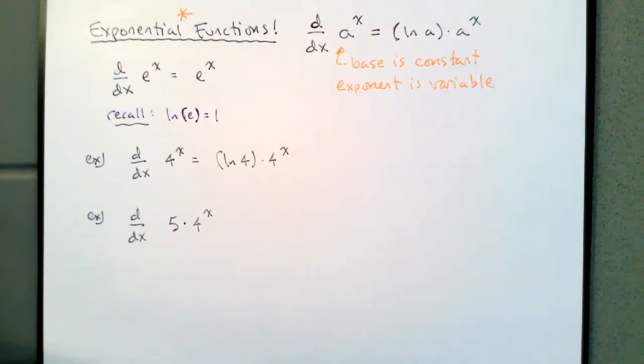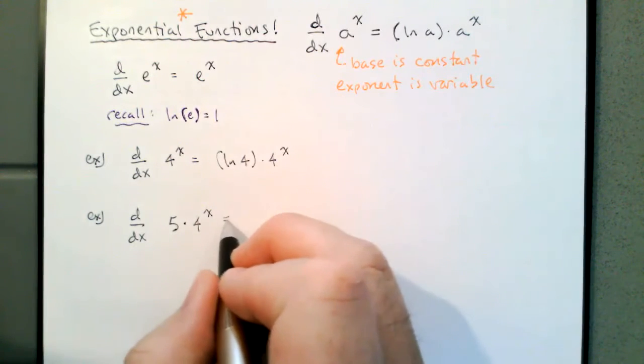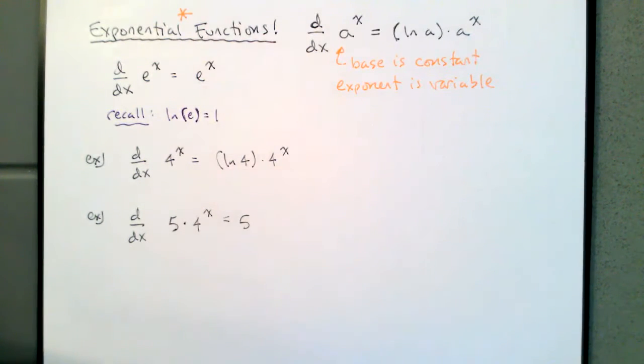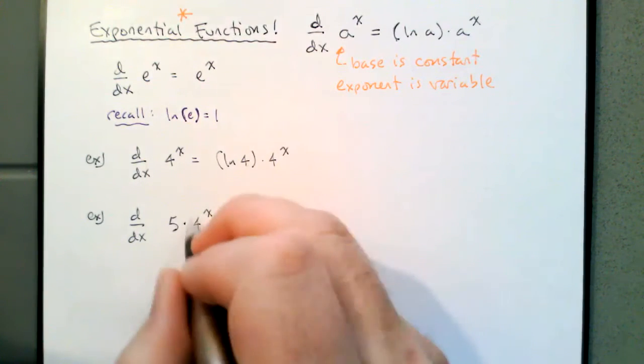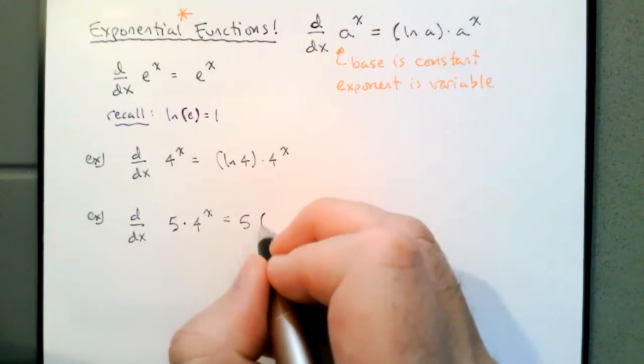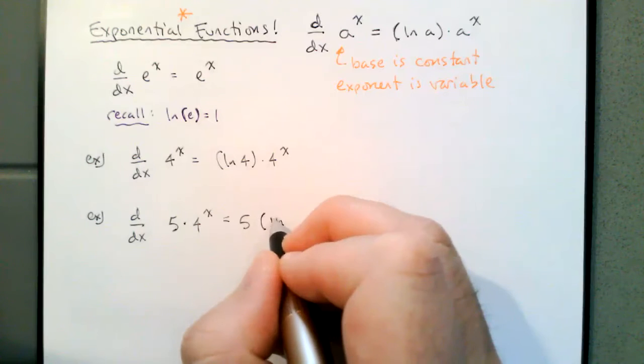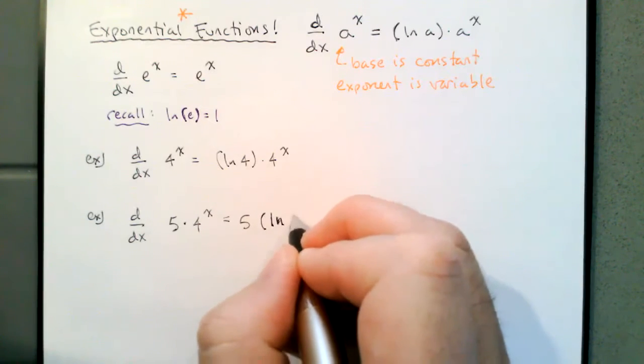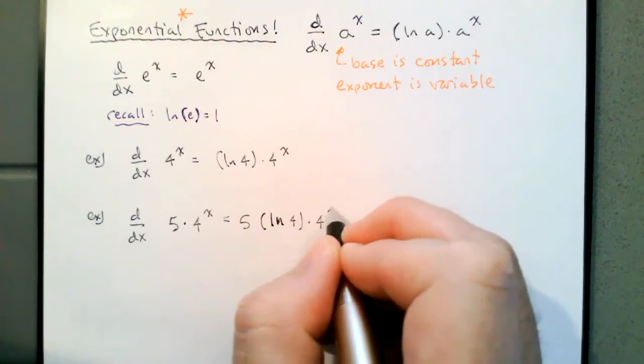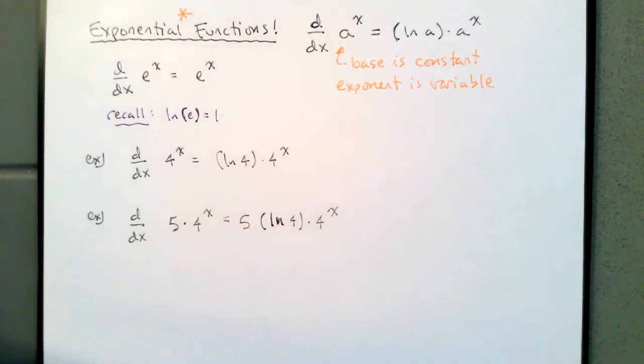It respects scalar multiplication. So this is just going to be 5 times the derivative of 4 to the x, which is the natural log of 4, times 4 to the x.